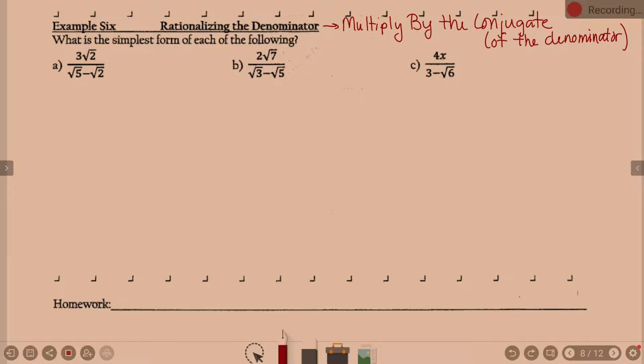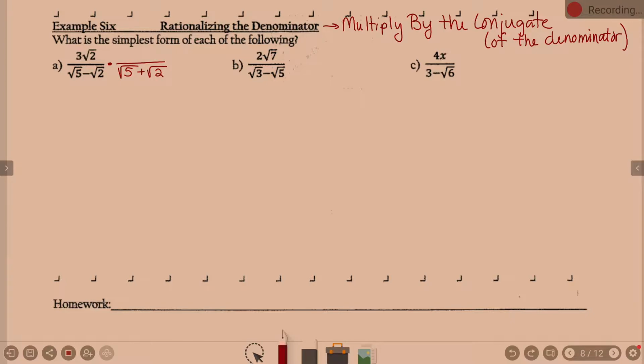So as we look at A, 3 square root of 2 is on top, square root of 5 minus square root of 2 is on bottom. What do you think the conjugate of square root of 5 minus square root of 2 is? Square root of 5 plus square root of 2. Okay, remember conjugate, we just changed that middle sign. So the conjugate is going to be square root of 5 plus square root of 2.